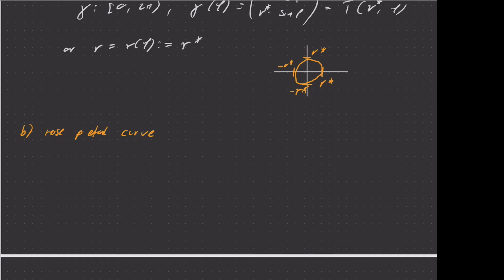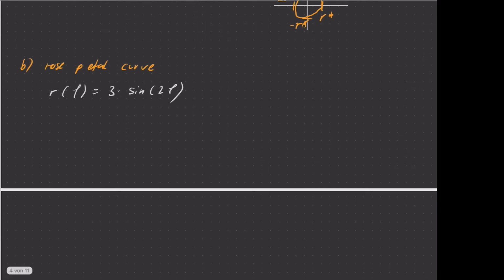And that is given as radius of phi equals 3 times sine of 2 phi. That's also a polar curve. For each phi, you get an associated radius, and this time the radius changes a little. And what does that look like?